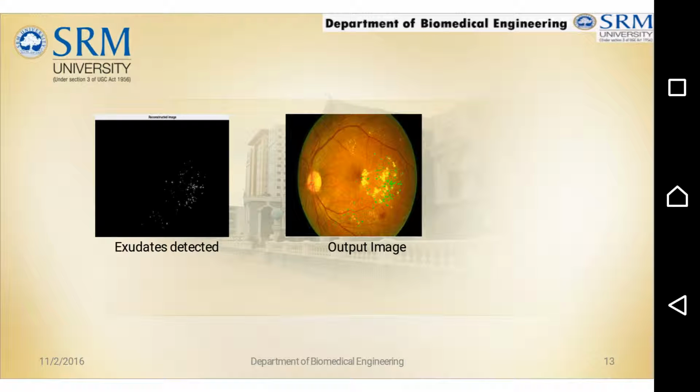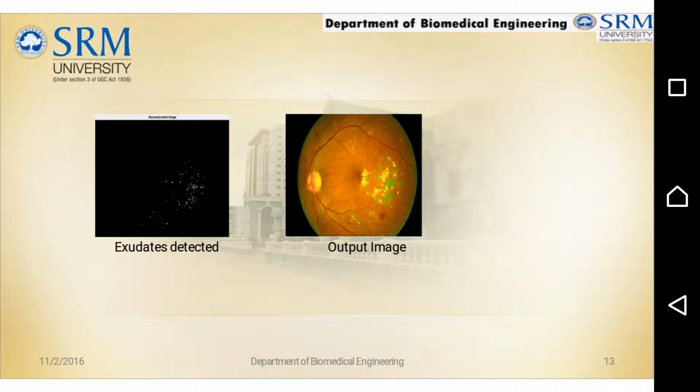Later, the exudates are detected, and these detected exudates or reconstructed image is traced back to the original image for easy diagnosis. Thus, the exudates can be mapped on the original image. That's the output image. This is the final step involved in the processing, but later the classification steps are there.